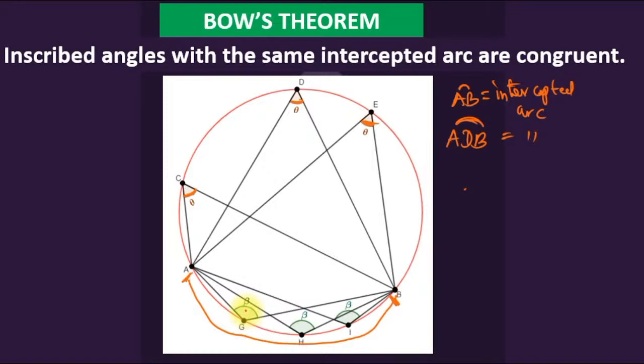That same major arc AB gave us this beta again, H. Also I. Do you see? So the theorem is saying that once they have the same intercepted arc, they must have the same inscribed angle. So let's prove it.